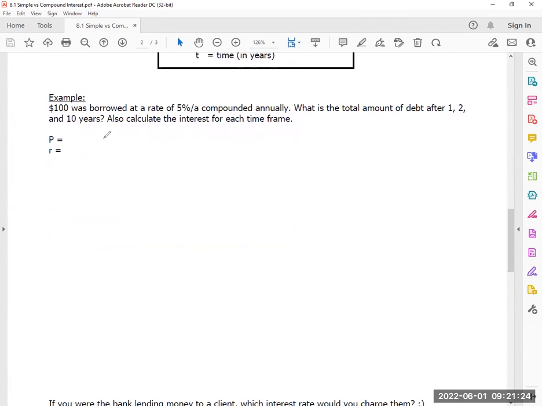Here we go. Example, $100 was borrowed at a rate of 5% per annum, compounded annually, not simple interest. Look at the wording difference. The word simple is nowhere to be seen, and all of a sudden you see the word compound, so you know what formula to use.